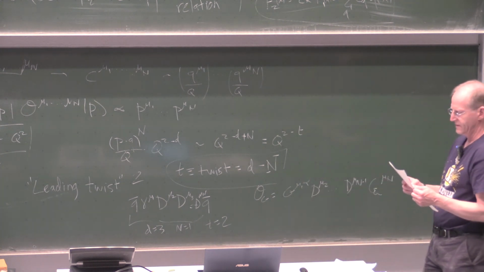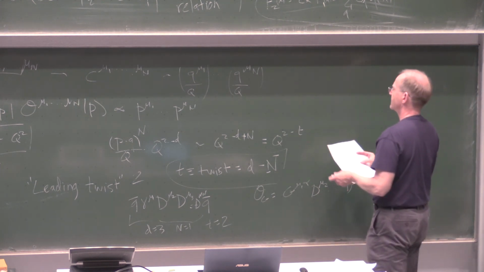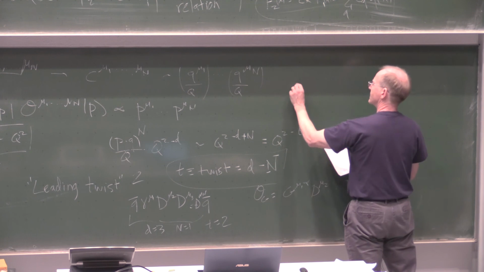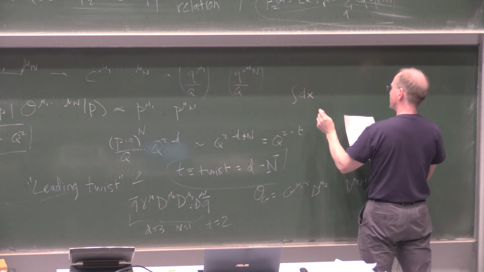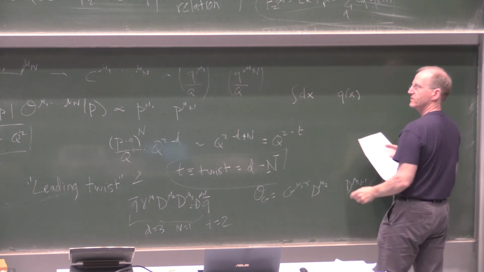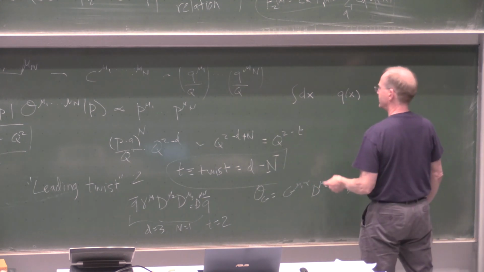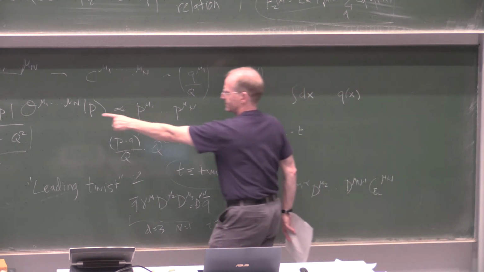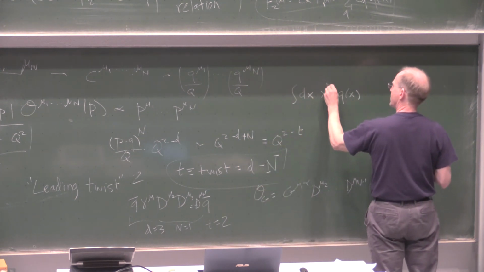And basically, there's a connection, which I'll just state here, that the parton distributions we were discussing earlier, like Q of x, are related to matrix elements of these operators inside the proton through a Mellin transform.